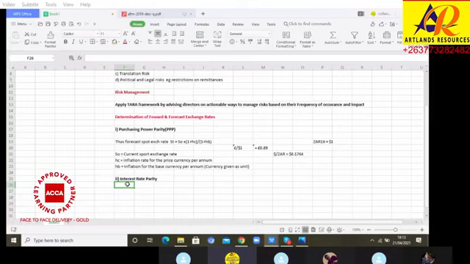This time it's now interest, not inflation.